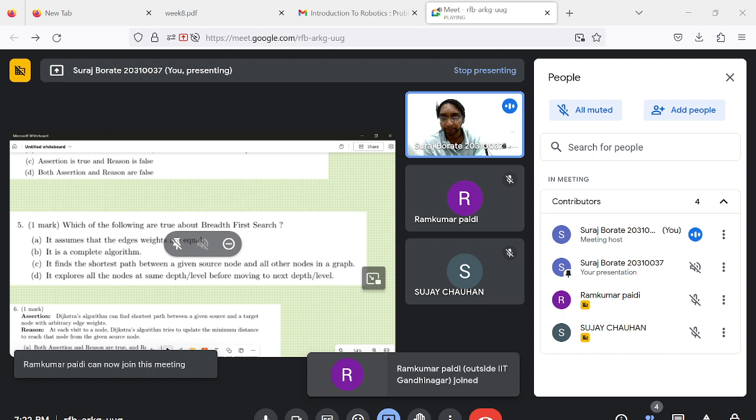If you see all these three options, the first one says start to the current position, which is the same as g of x. This is actually your g of x. Then the next says g of x minus the start to goal distance.